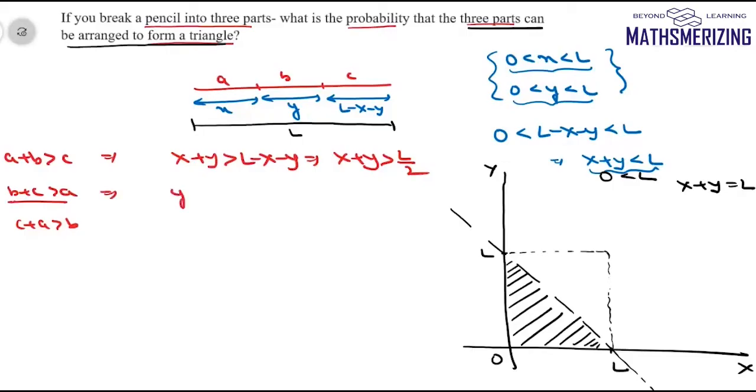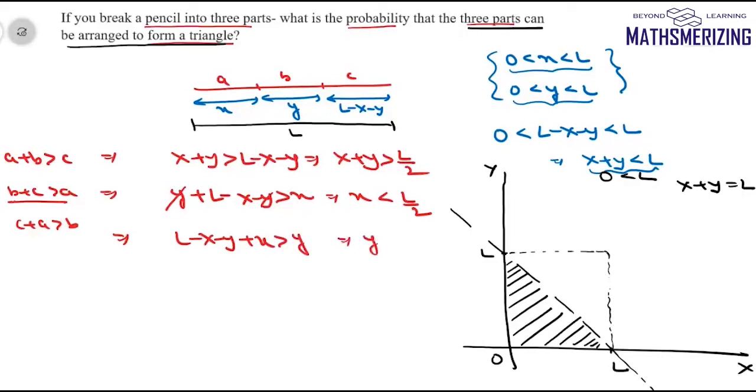B is Y, plus L minus X minus Y. It should be greater than X. So here Y will cancel, and I'll get X should be less than L by 2. And from the third one, C plus A, C is L minus X minus Y plus X, and it should be greater than Y. So here I'll get Y should be less than L by 2.